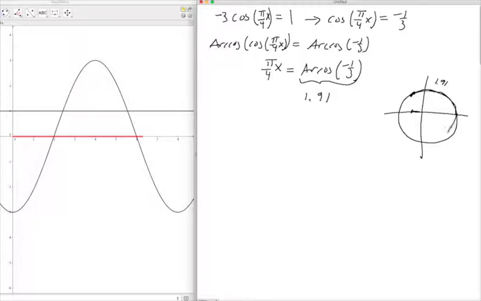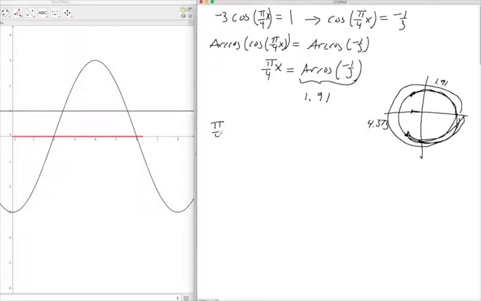But I could also go this way to get to the same point, which would be like -1.91. But I don't want solutions on the negative side, so instead I'm going to say this would be 2 pi minus 1.91. And when I do that, that number comes out to be 4.373 rounded.